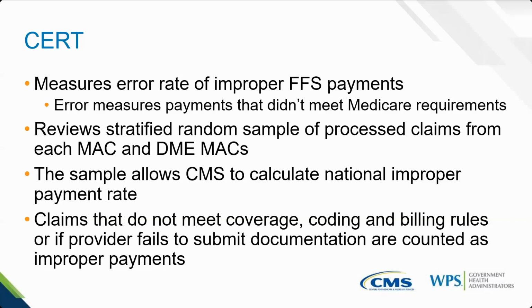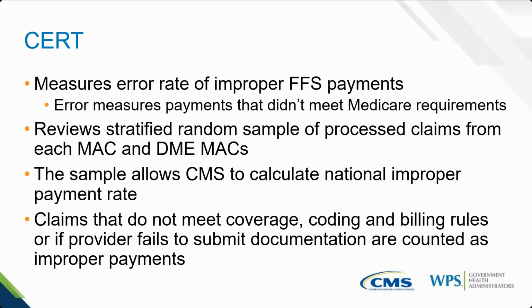Therefore, the improper payment rate that's calculated from the sample is considered to reflect all claims that are processed by the Medicare fee-for-service programs during the recent period. The easy way to think of this is that the CERT contractor requests your claims and does a medical review of them, but the error rate that is assessed is on us as your MAC.